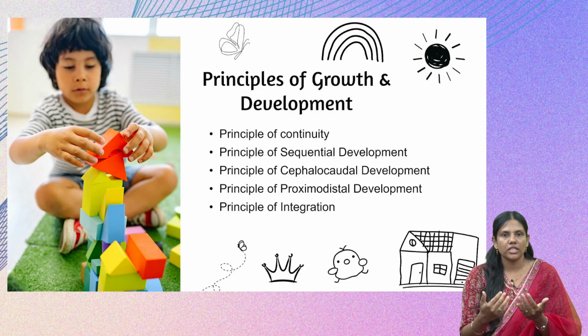Then next is the principle of integration. The term integration means clubbing or integrating different aspects. The child will learn small skills and will try to integrate them, and this is the principle of integration. As we have already discussed in one example earlier, how language, speaking and writing skills are developed, a similar example can be given for the principle of integration.